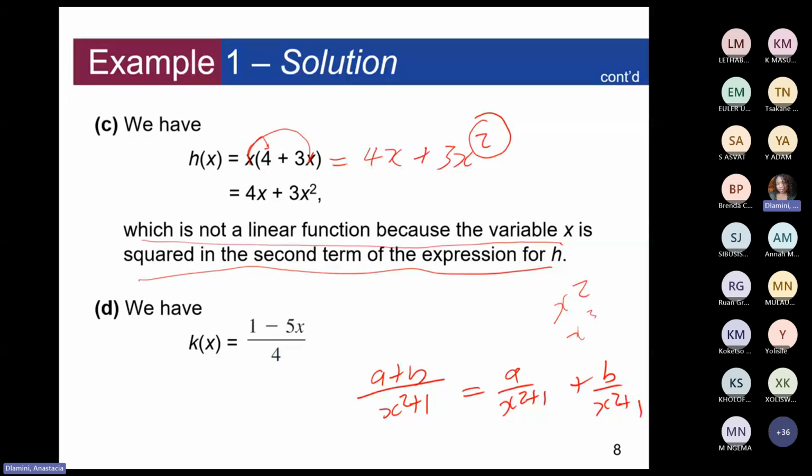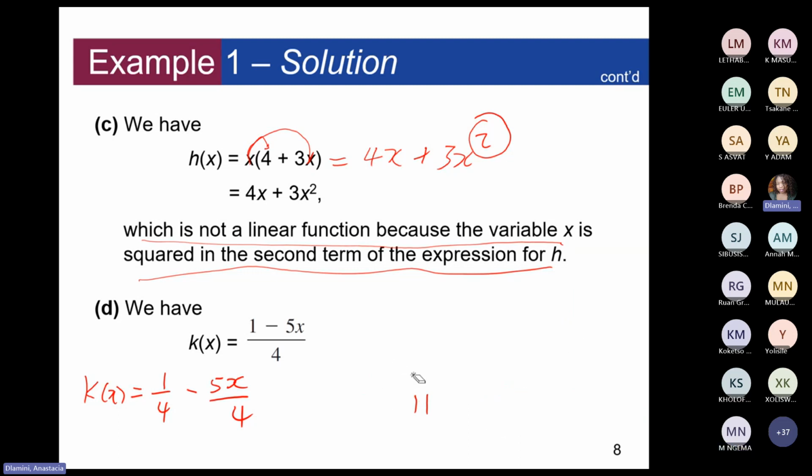So meaning that here we can write k of x is equal to 1 over 4 minus 5x over 4. From here, it's then easier to see that this is actually a linear function.